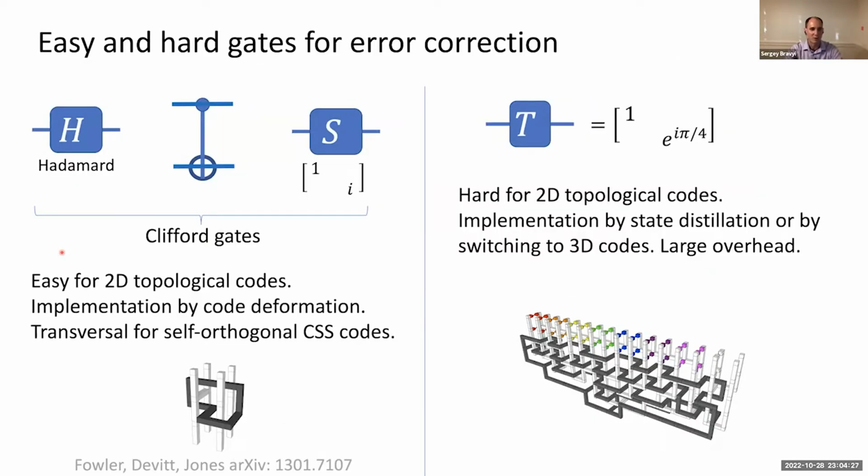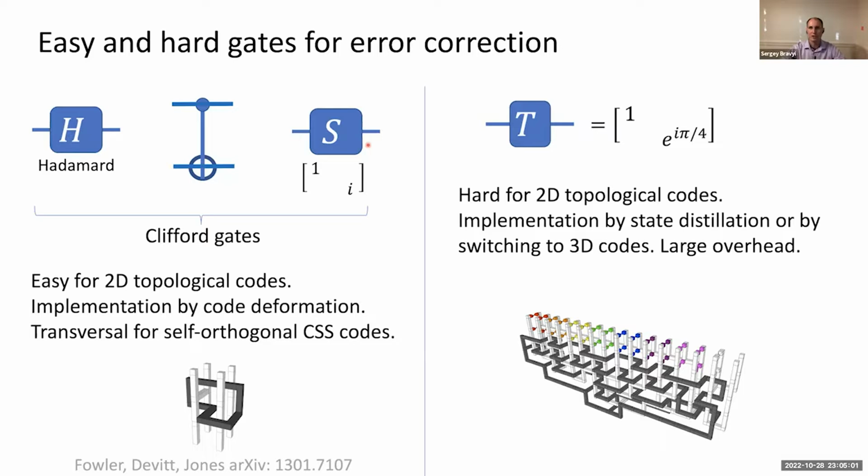If we talk about error correction based on topological codes, such as the surface code, some logical gates are easier to implement than others. Logical Clifford gates, such as Hadamard, CNOT, and S-gate, introduce only small overhead because we can implement them either transversally or by code deformation methods, like braiding defects in the surface code.